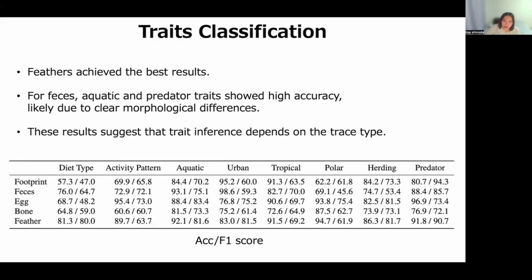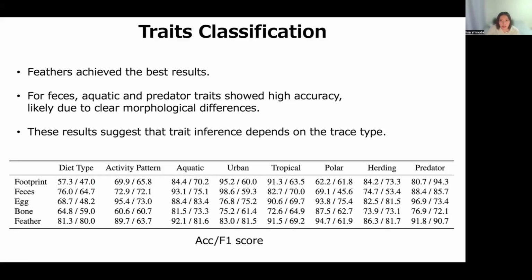Here is the result for trait classification. We used Swin Transformer and evaluated by accuracy and F1 score. The left one is accuracy and the right one is F1 score. The feather achieves the best results overall. Interestingly, for feces, aquatic and predator traits showed the highest accuracy, possibly because of clear morphological differences among species.